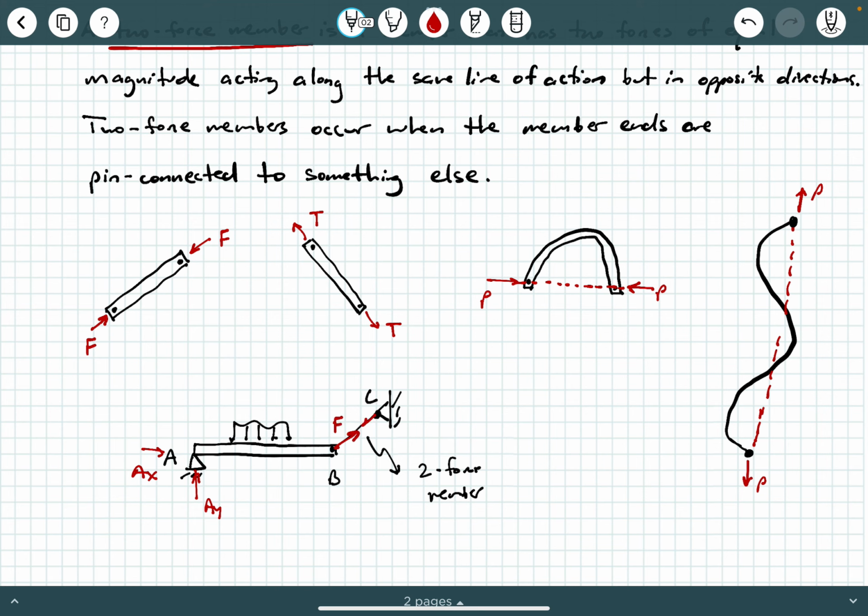Well, you'll have that same force reaction, equal and opposite. So if I were to extract this member BC, then I would have a single axial force through the longitudinal axis of that member BC, and it would have the same magnitude whether we look at it from B's perspective or C's perspective. So that's one illustration of where we would see a two-force member as part of a system.